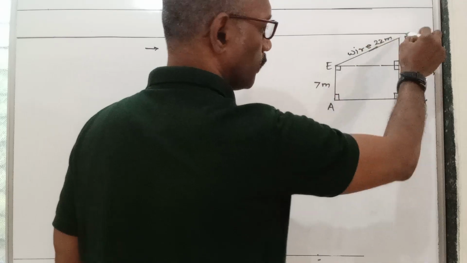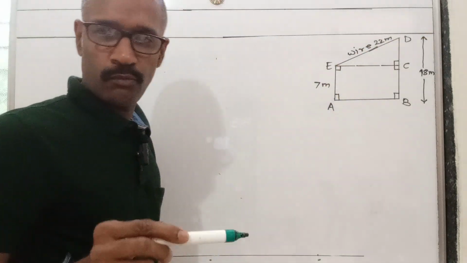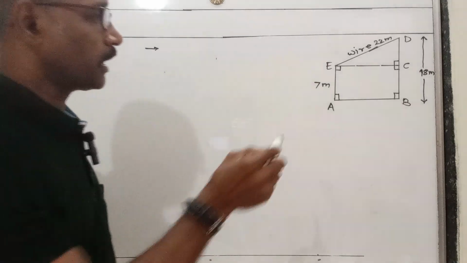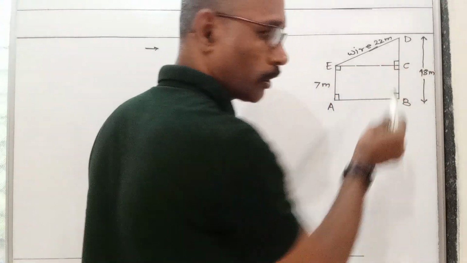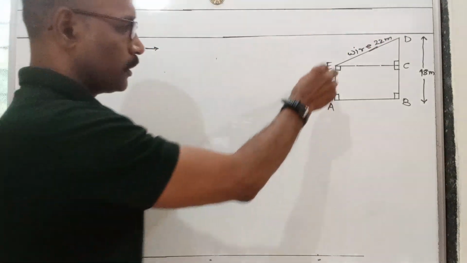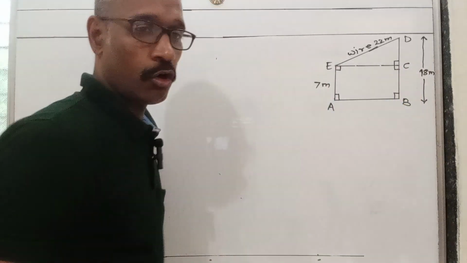Now this is the wire. Now this wire makes an angle with this horizontal. Horizontal means this way. These are vertical and these are horizontal.